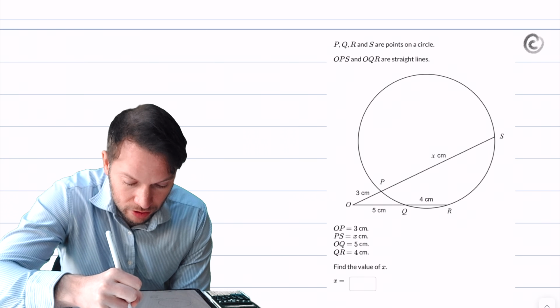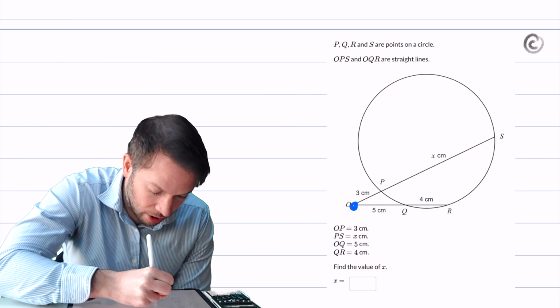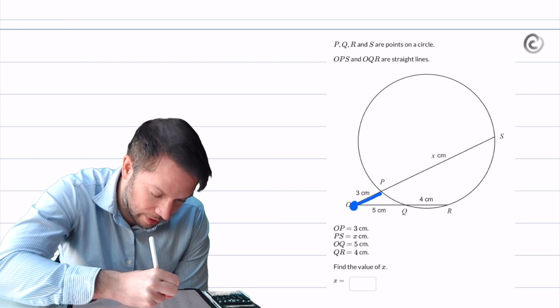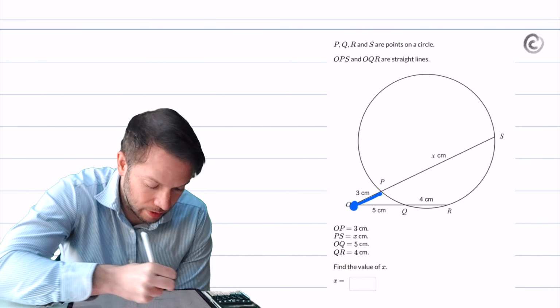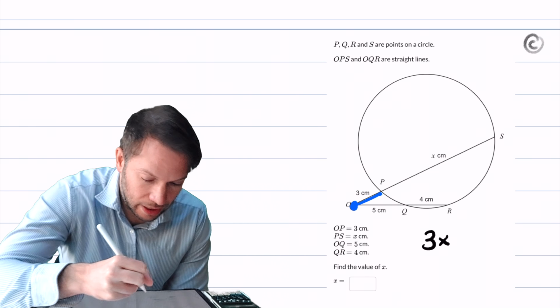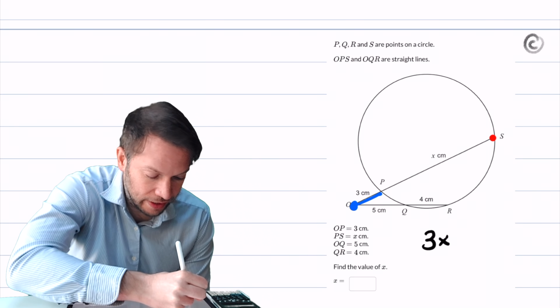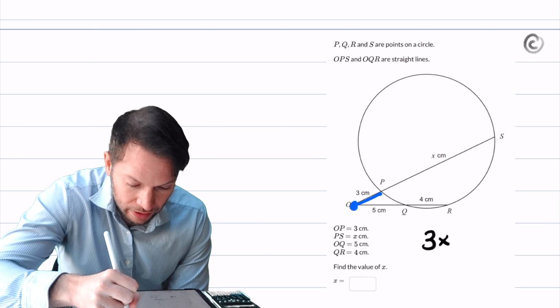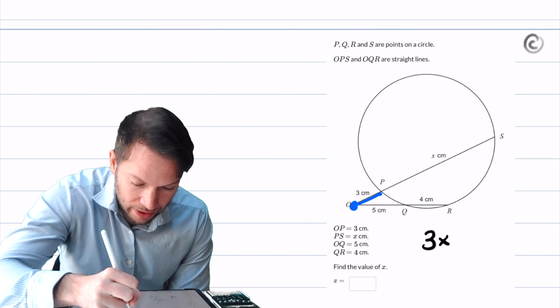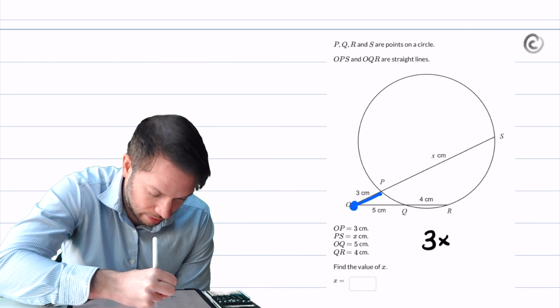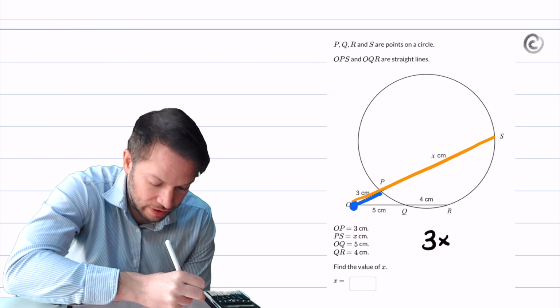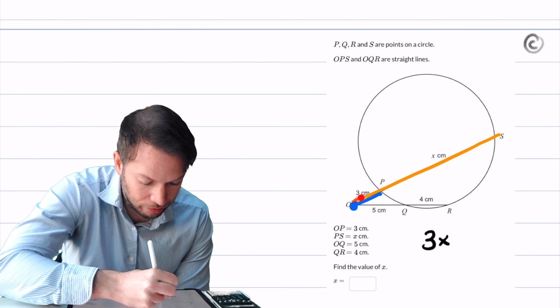So we've got, from this point O, outside the circle, this length here, which is 3, multiplied by the length from this point to the other point where the secant crosses a circle, so S. So we need OS, and that's going to be, if I just draw it like this, we can see that length is equal to 3 plus x.